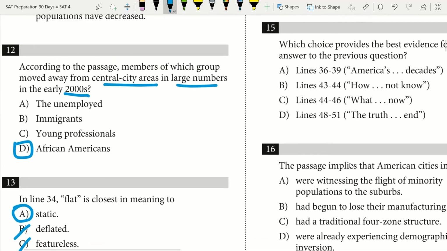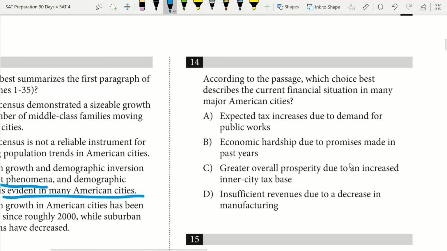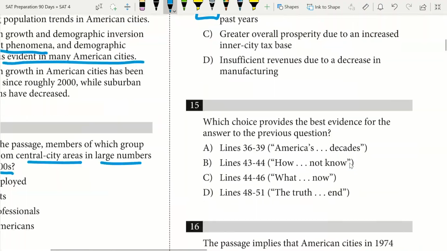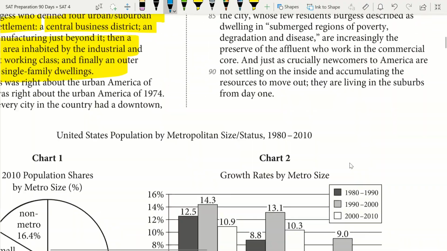Okay, number 14, let's take a look at what that is. According to the passage, which choice best describes the current financial situation in many major American cities? Okay, we know that we talk about how there's economic hardship due to promises made in the past. So where do we talk about that? Well, I'm guessing our next question is evidence, which it probably is. I see it is, so I'll go ahead and find that as well.